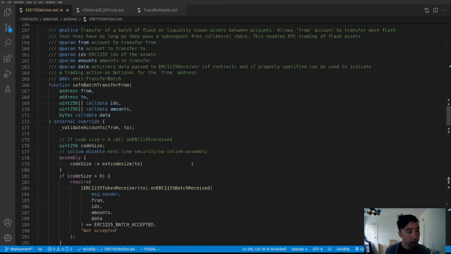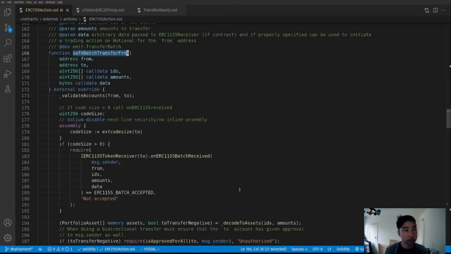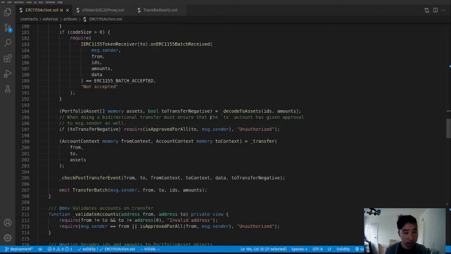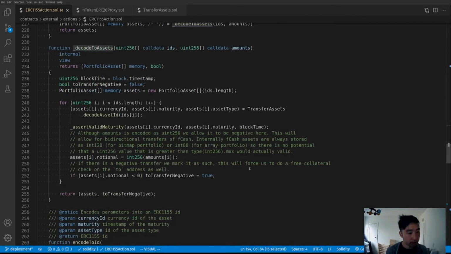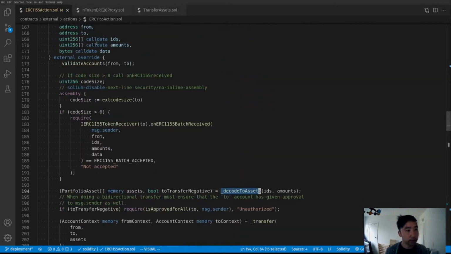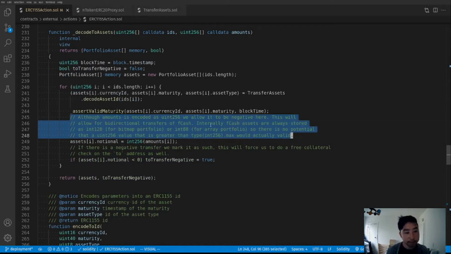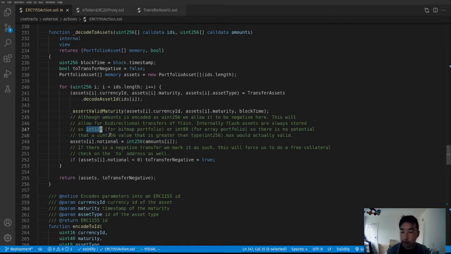The other thing that we allow in safe batch transfer from is the ability to do a bidirectional transfer. When we look at this decode to assets method again, we'll see that even though in the batch transfer we're specifying that amounts are uint256, we actually decode it as an int256. We're not really concerned about this causing clashes, because Fcash doesn't really use the entire uint256 numerical space, so this should be okay.